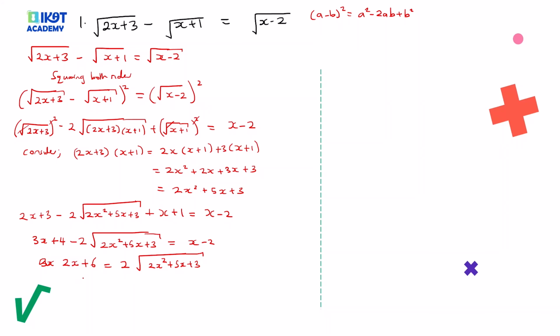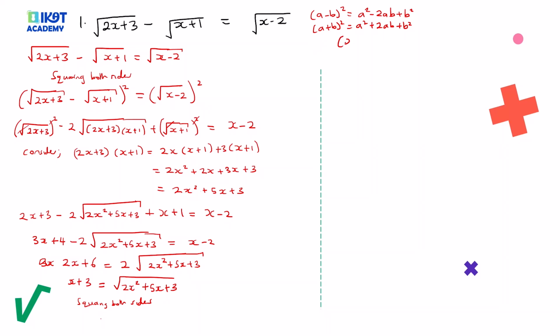So here we can divide through by 2. We get x plus 3 is equals to root of 2x squared plus 5x plus 3. Then we are going to say squaring both sides.